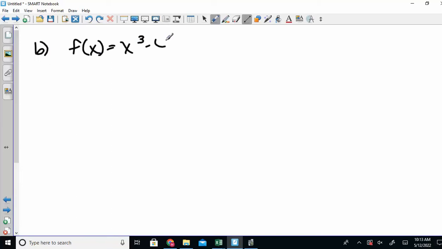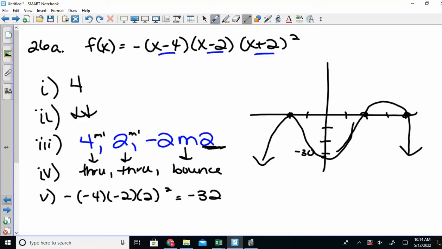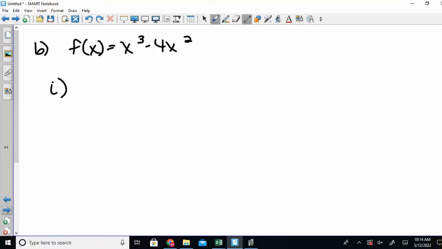This is the same thing, but it's different because it's not factored already. So your degree, that's the highest power when it's all multiplied out. But if I'm looking at this, it is all multiplied out right now. So what is my highest power? 3. So when it's in factored form, like the parentheses multiplied, you add them all together.